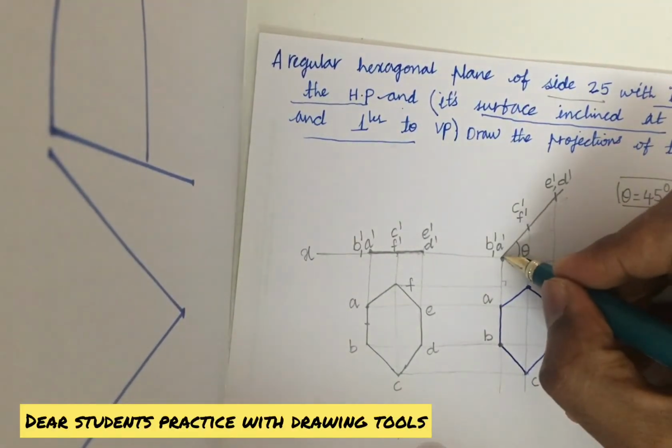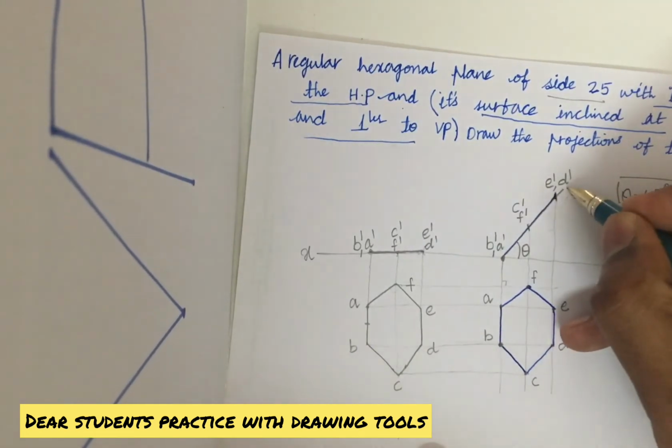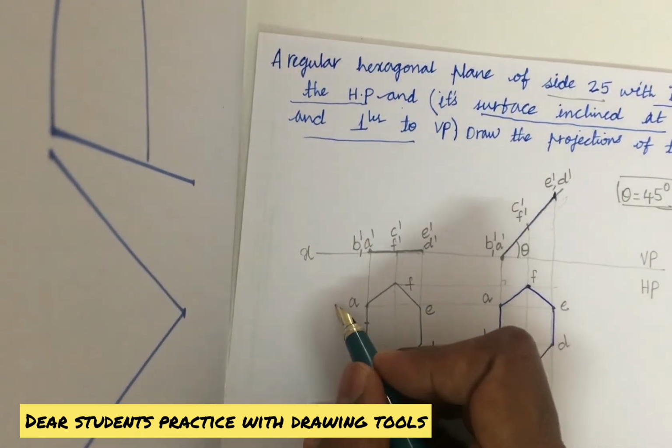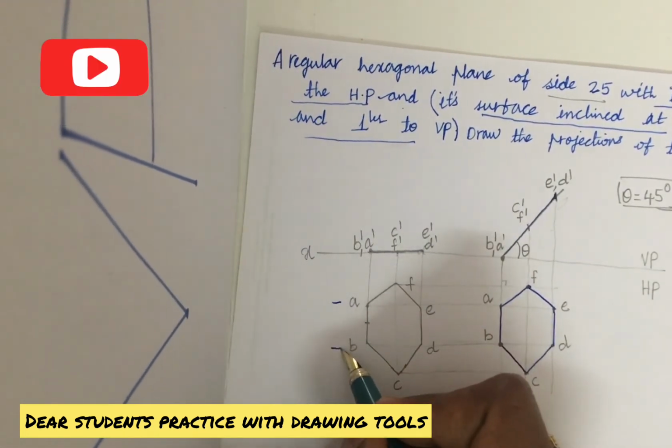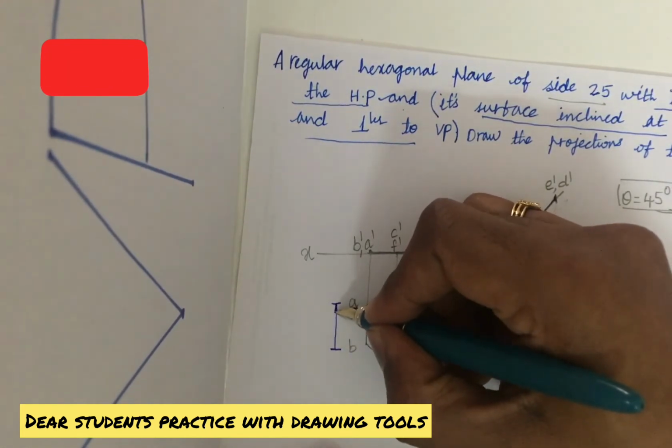And even this line also needs to be highlighted in HB pencil till here, and you can erase the extra part. This is how you are supposed to work out when a plane surface is inclined to one of the planes. And do not forget writing the dimensions of the given hexagonal plane, whichever is given. So what is this given, dear students?